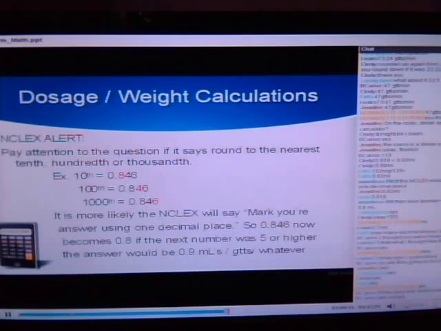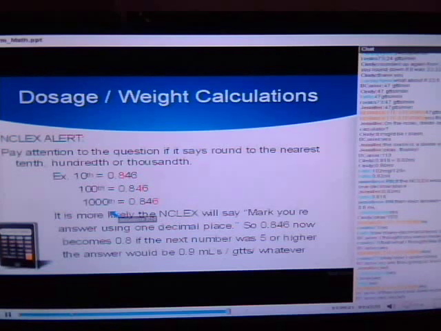Really, for the NCLEX, you're not going to see this too much, but this is a problem when I tutor the math for the NCLEX privately. So this is why I went ahead and wrote it here. What you're more likely to see on the NCLEX is, mark your answer using 1 decimal place.